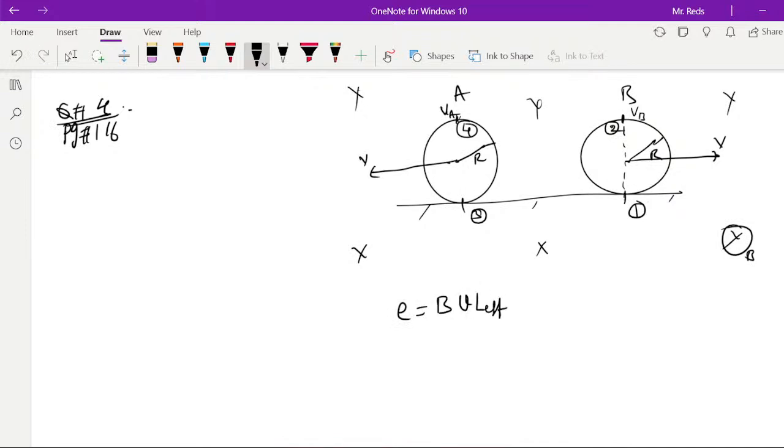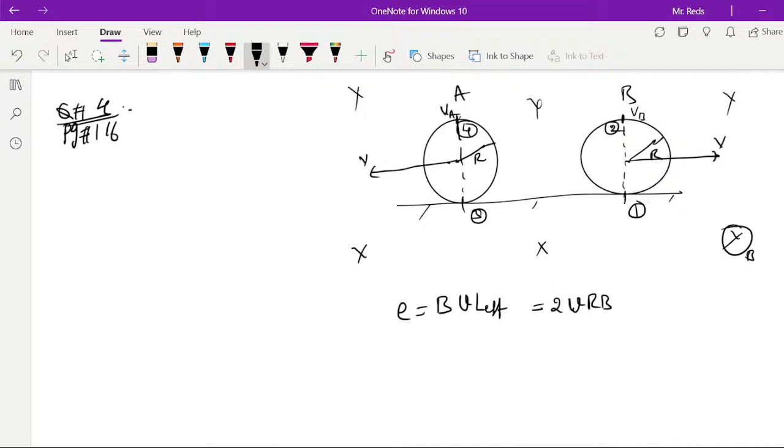L effective for these two points is nothing but 2R. If the radius is R, then L effective will be 2R, so it will become 2VRB.